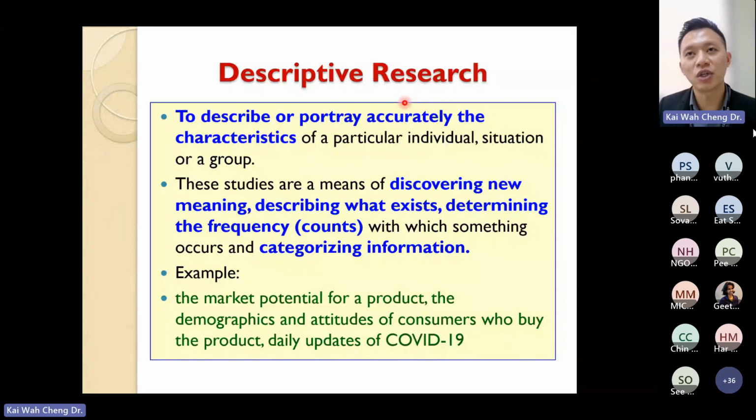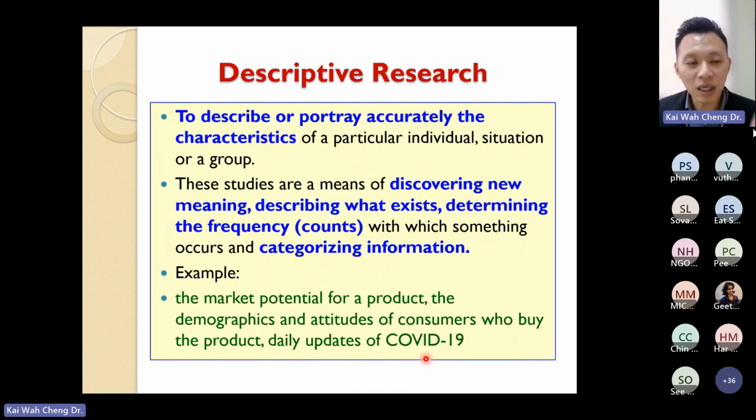Descriptive research means maybe you conduct a research by collecting the trend or the flow of a situation. For example, the market potential for a product, the demographic and attitudes of consumers who buy the product, daily updates of COVID-19. Do you still remember during the MCO period?